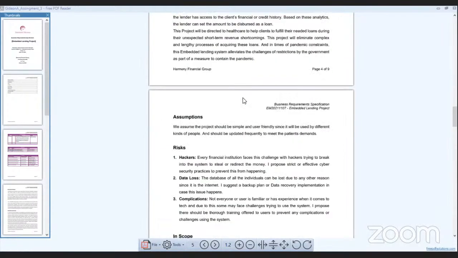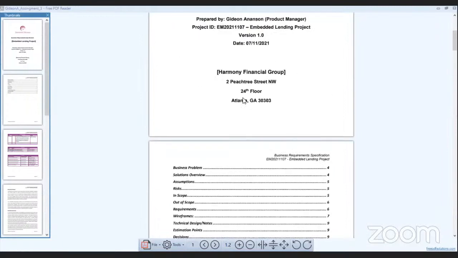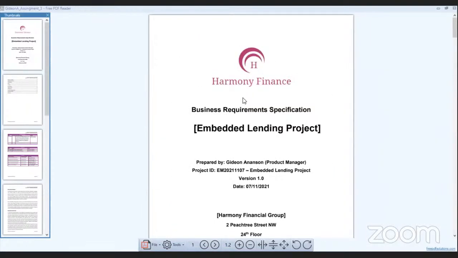This is your BRD for the Harmony Finance, and I thought it's supposed to be ABC Financial Service. I just thought of giving it a name to be creative. Okay, you can just take Harmony out and put ABC.